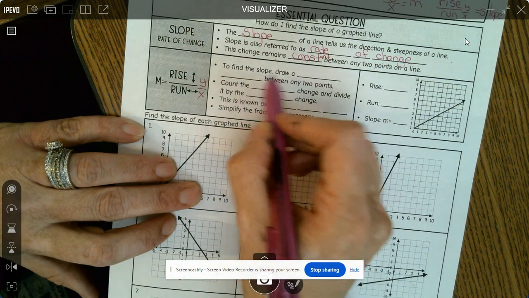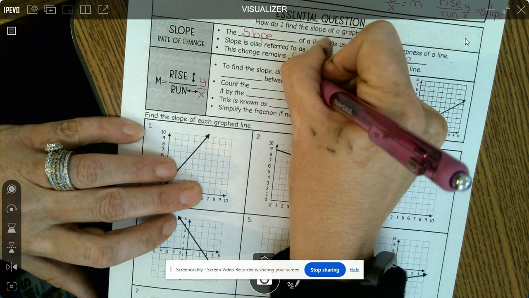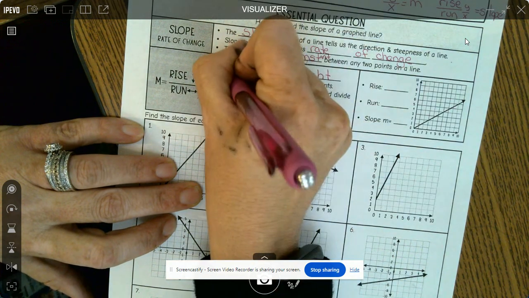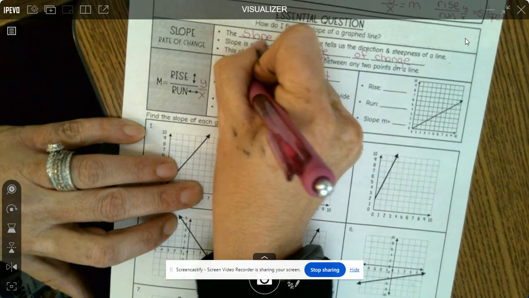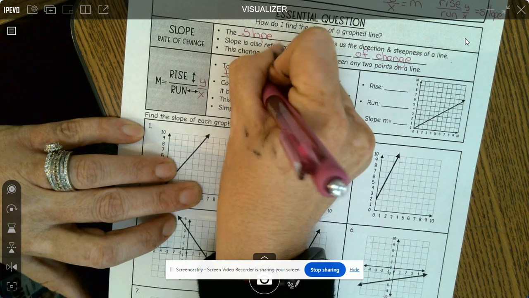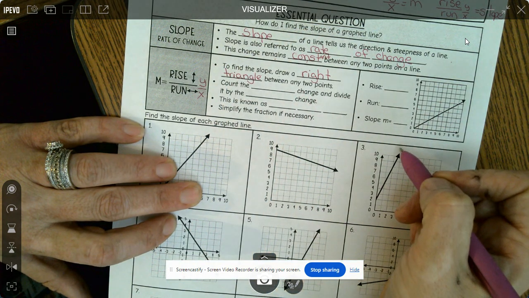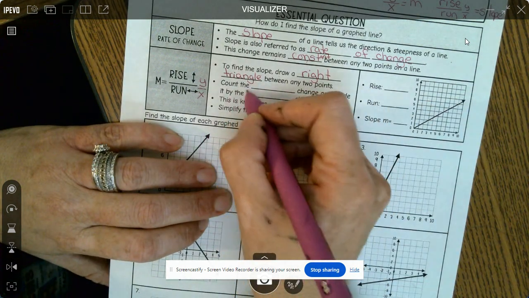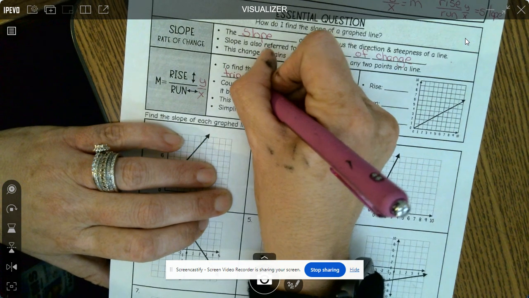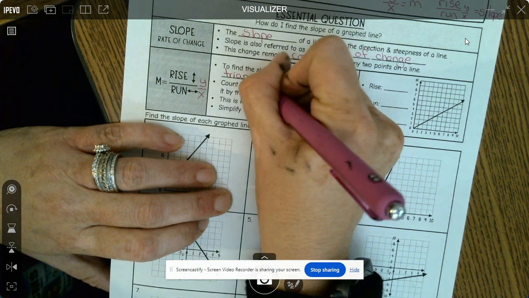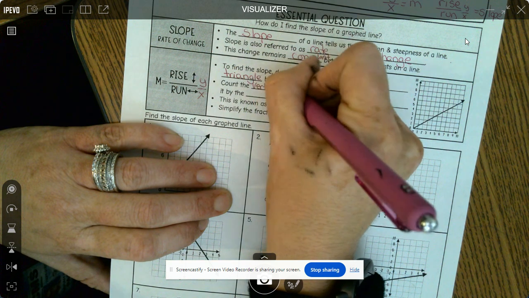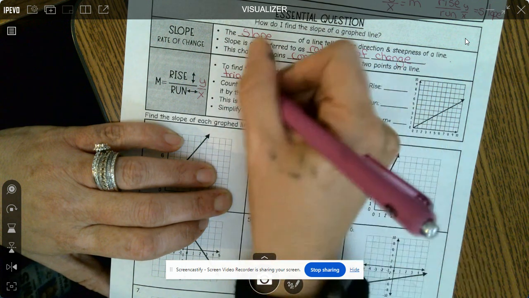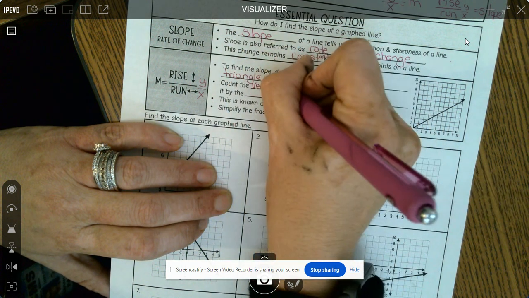So to find the slope, draw a right triangle between any 2 points. Okay. So count the vertical. So vertical is our x. Change and divide by the, oh, actually, this is our y.